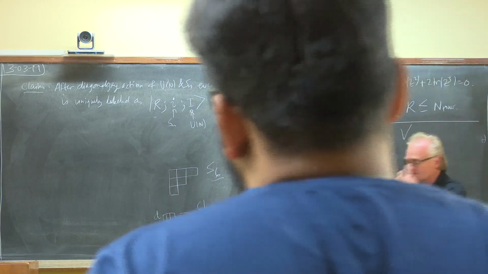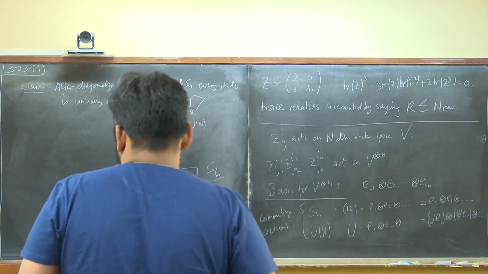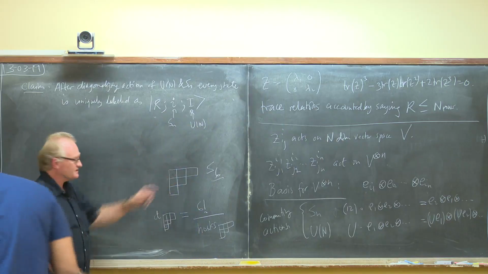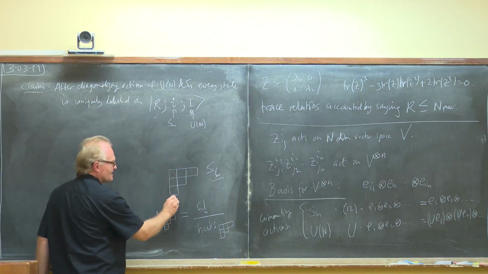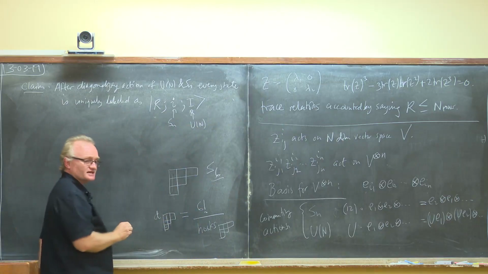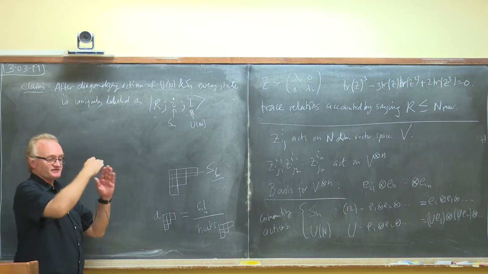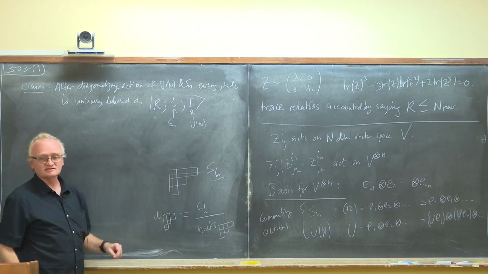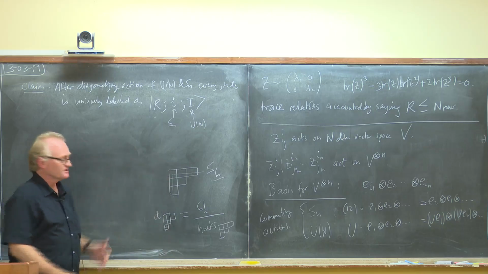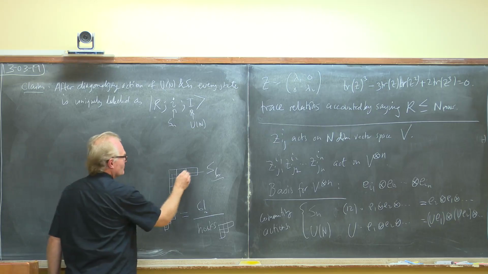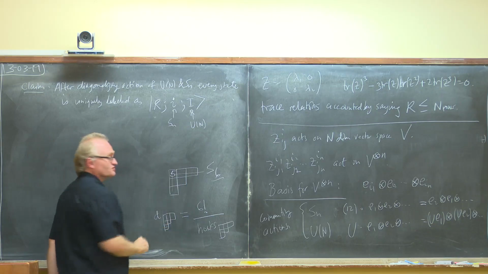Now what are the hooks? Each box has a hook associated with it. Draw a line coming from the bottom of the Young diagram going out the edge, and the elbow of the line is in the box you're considering. So now we go through 1, 2, 3, 4, 5. So that hook length would be 5.